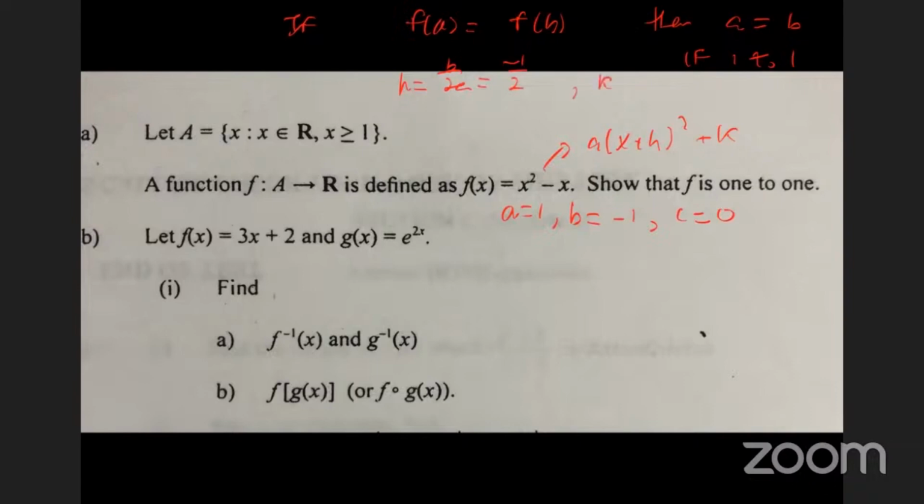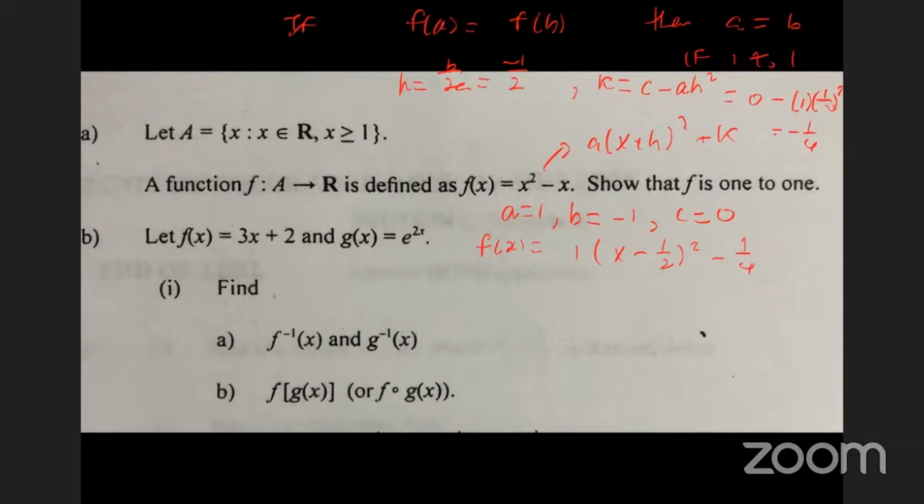And k is c minus a h squared. c is 0, a is 1, and h is -1/2 squared, so I got -1/4. So f of x is really 1 times (x - 1/2) squared minus 1/4.